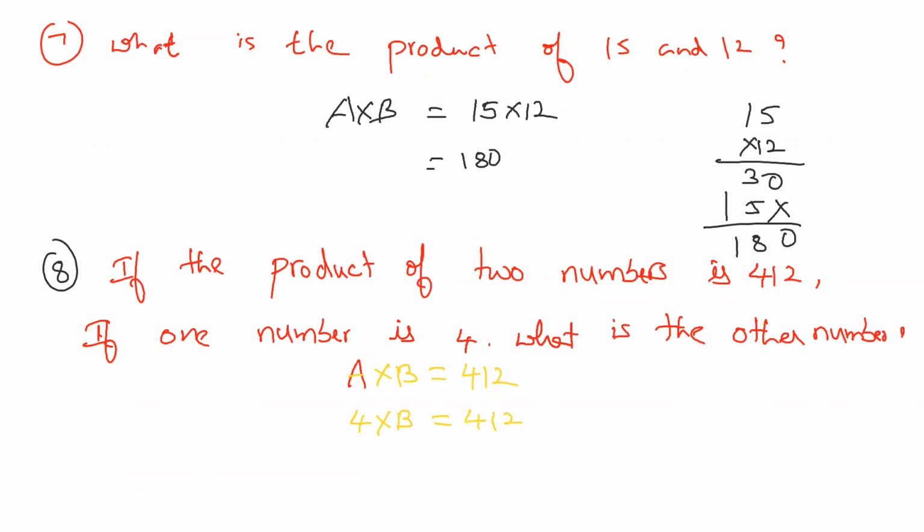In the place of A, we put 4. Then we should divide, 412 divided by 4. The 4 goes to this side and becomes divide. 4 ones are 4, 4 threes are 12, 0. The answer is 103. If you cross-check, 103 into 4 is 412. Very good. Mute yourself, Gagan.